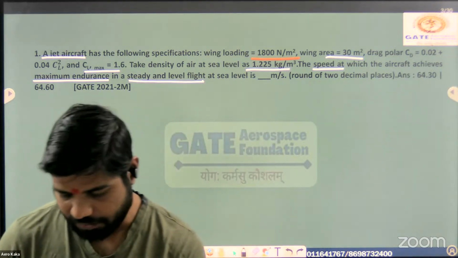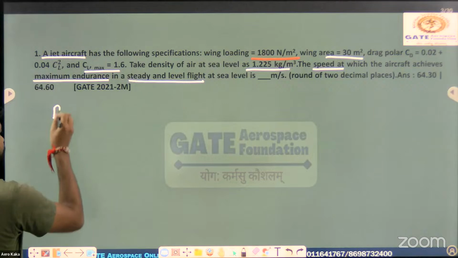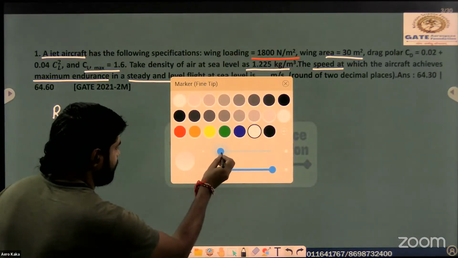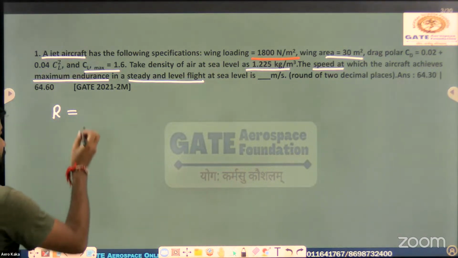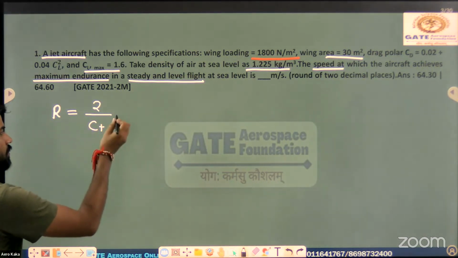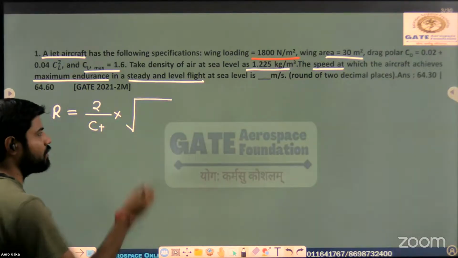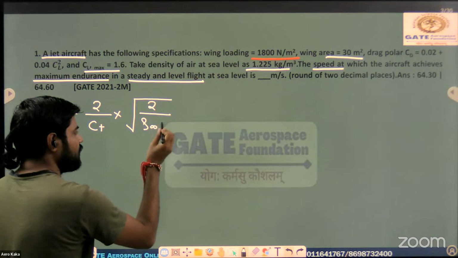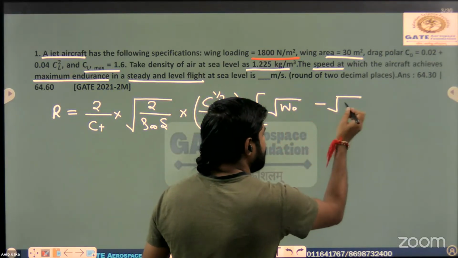Okay, so write down the range formula. Capital R is equal to 2 upon TSFC into root of CL half, root of 2 upon rho infinity S, into CL raised to power 1 by 2 upon CD, into root W naught minus root of W1, right?